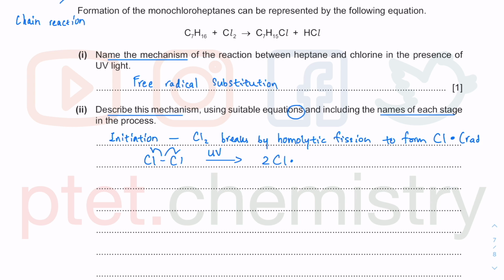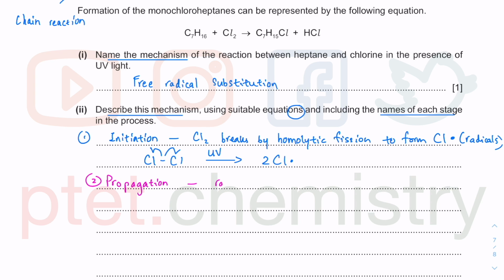So these are called radicals. Species with unpaired electrons are called radicals, the definition of which is stated in the AS atomic structure topic, and then we revisit these under introductory organic chemistry as well. The next thing will be your propagation. Propagation comes from the English word to spread.